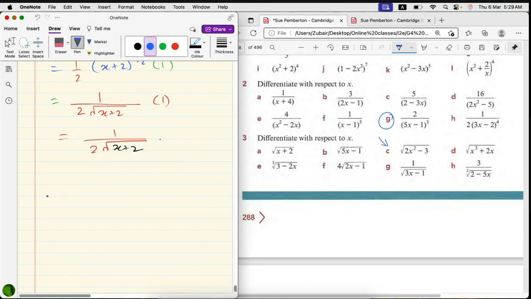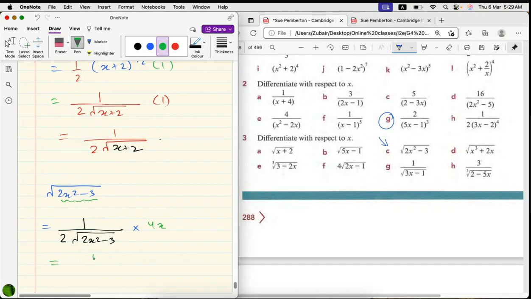This is root of 2x square minus 3. So what are we going to do? This is only in the case when we have square roots. I'll write 1 by 2 directly and copy this, 2x square minus 3. 1 by 2 and then copy this, and then multiply with whatever is inside, the differentiation of this, and that's in this case 4x.